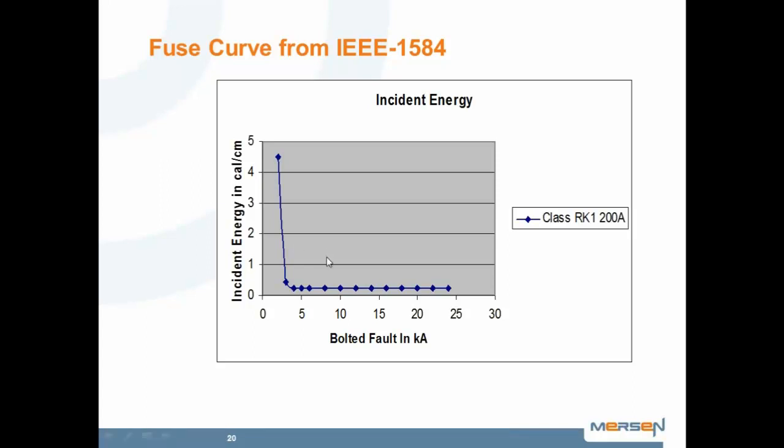But the important point here is if you have high available fault current, it will have low incident energy. So it would be a good application if you had high available fault current for protection.